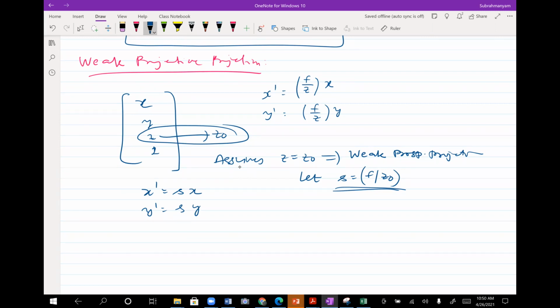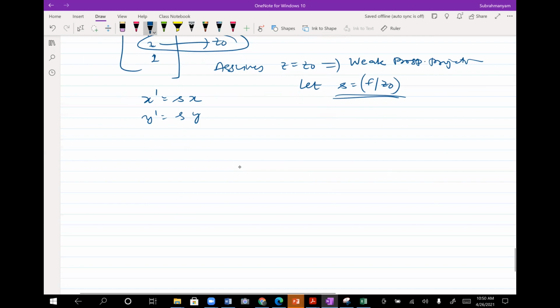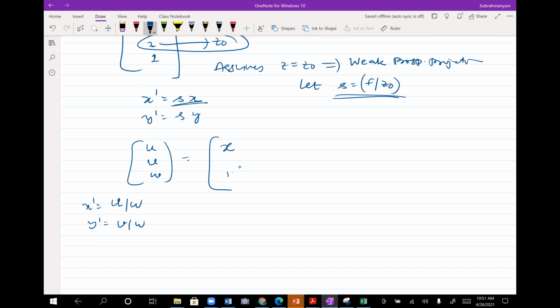Now how do you write UVW? Again come back to this: x dash equal to u by w, y dash equal to v by w. So what should be my UVW? X dash I should get as sx. So I could take here x, and then of course y, comma 1 by s.